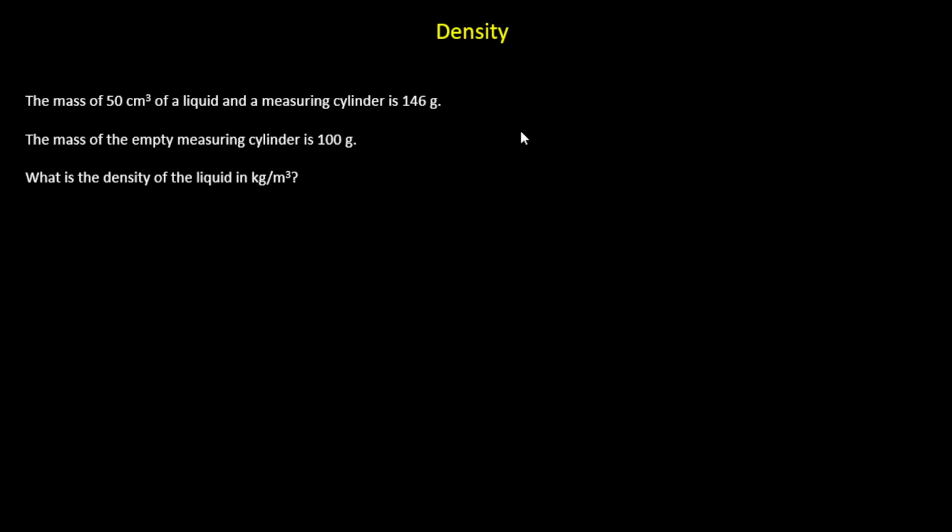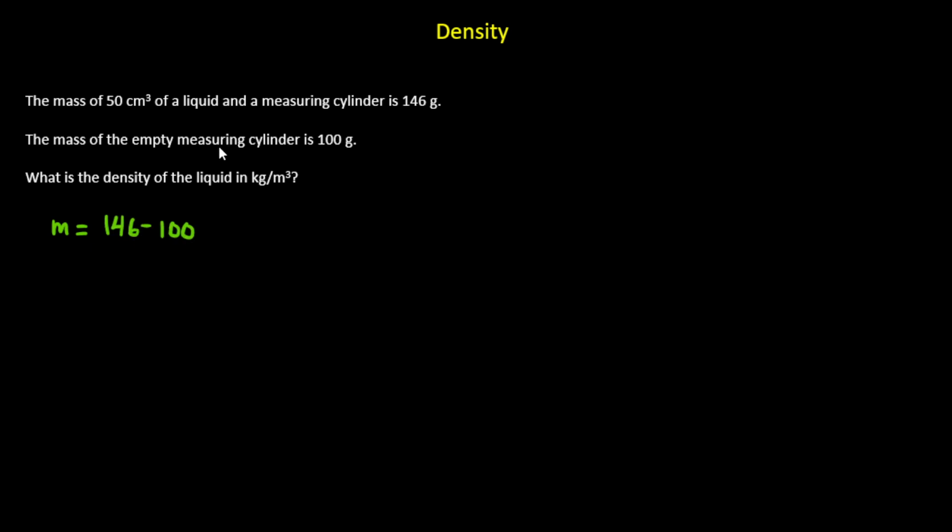So let's try to do one example on density. The mass of 50 centimeter cubed of a liquid and measuring cylinder is 146 grams. The mass of the empty measuring cylinder is 100. So we can know the mass of the liquid from here. The mass of the liquid is going to be 146 minus 100.